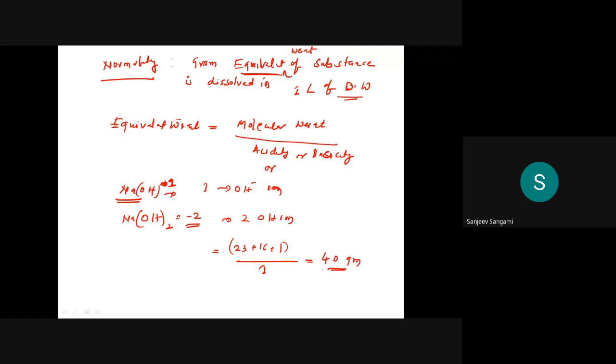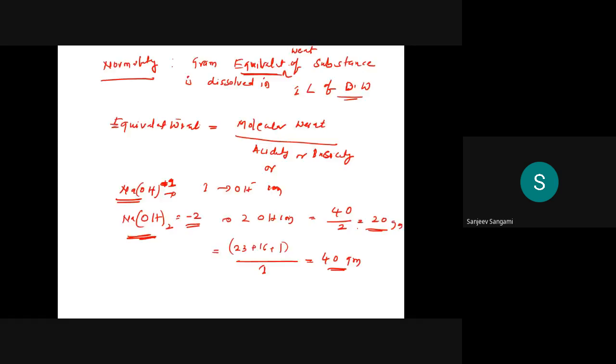So the equivalent weight as well as the molecular weight of sodium hydroxide are both the same. But it may not be true for this. If I want to calculate for Na(OH) twice, then its equivalent weight is 40 divided by 2, so it will be 20 grams.